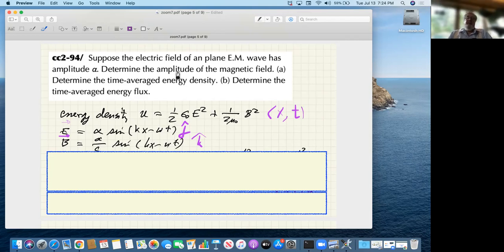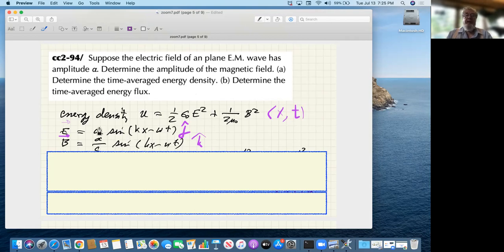Well, there wouldn't be a simple answer. The answer would be, it depends on position and time. However, that's not what the question asks. The question asks, what's the time averaged energy density?